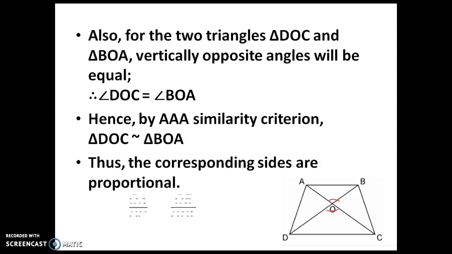So we can write OA by OC equal to OB by OD. That's the proof we need. Hence the proof. Okay children, the remaining problems I will continue in the next video.